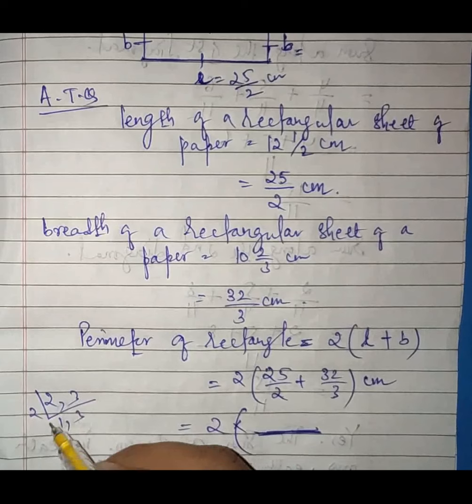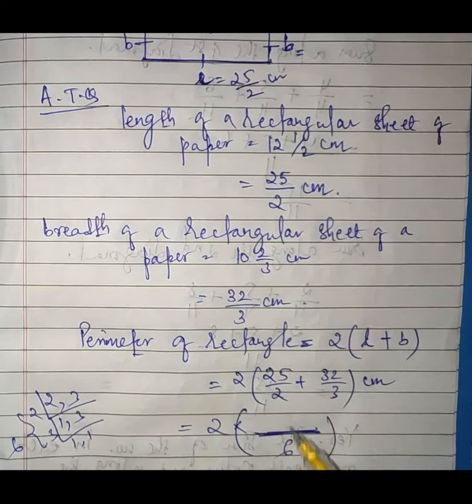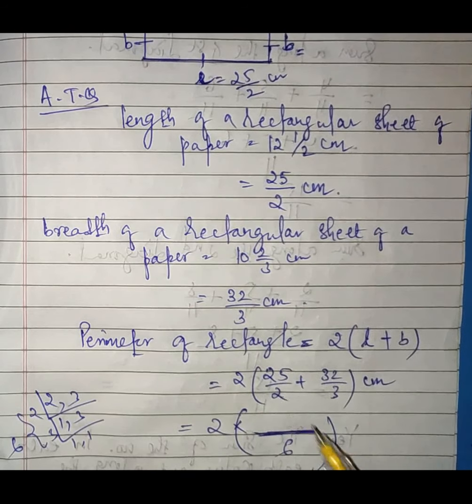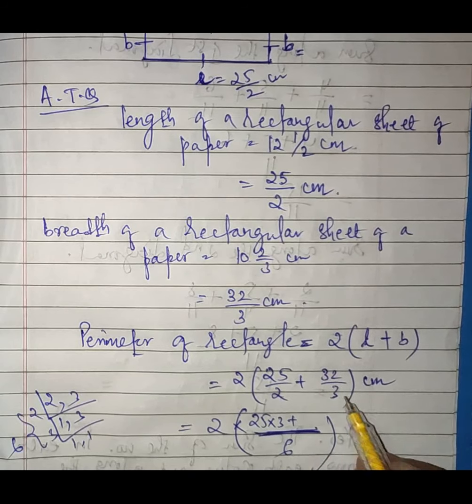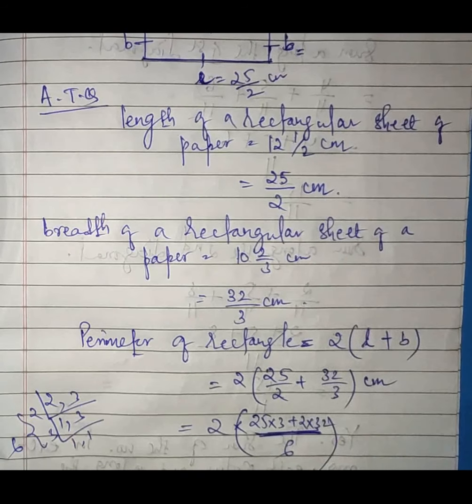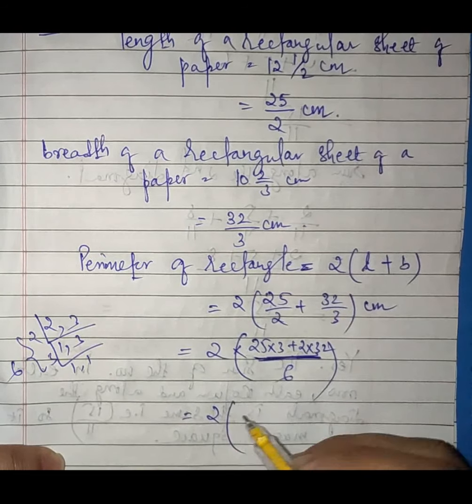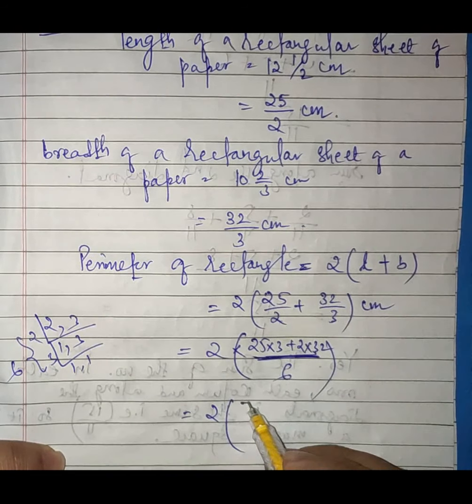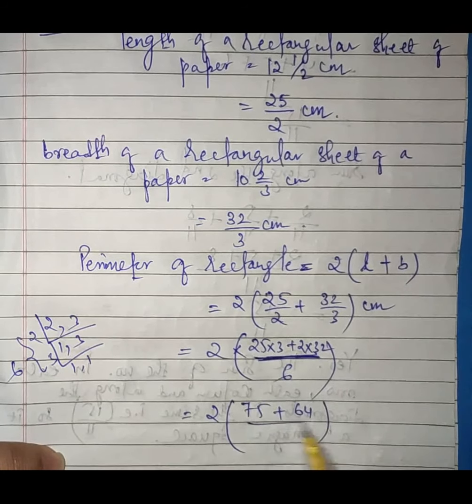All right, 2 1 2, 3 here, 3 1 3. So our LCM is 6. So now divide this 6 by 2, 3, 25 into 3 plus 3, 6 divided by 3, 2 into 32. So it is 25 into 3 is 75 plus 2 into 32 is 64, divided by 6.